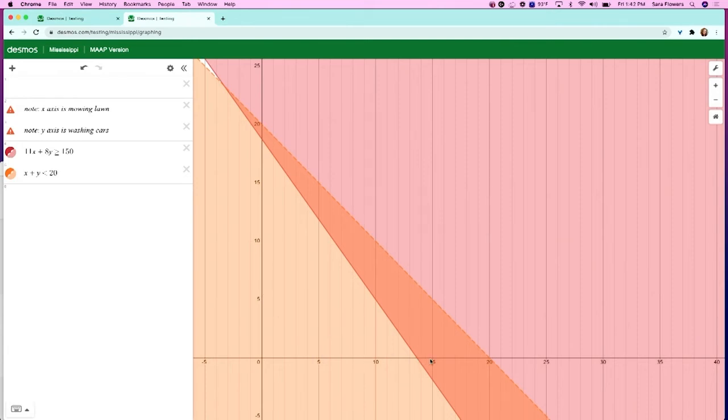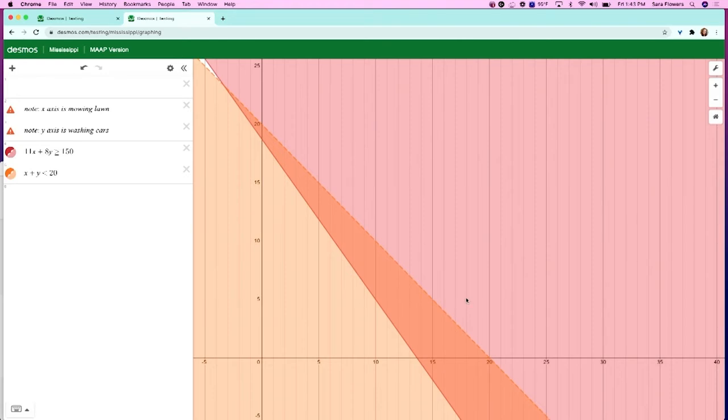So let's look. Can we mow 18 lawns and wash 5 cars? Well, we could, and that would give us the more than $150 we want, because that would be right here, but that is outside of our orange.